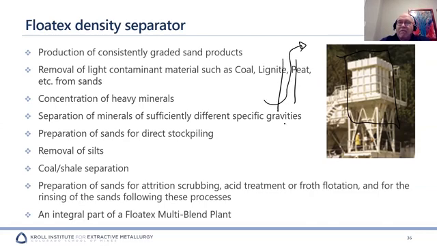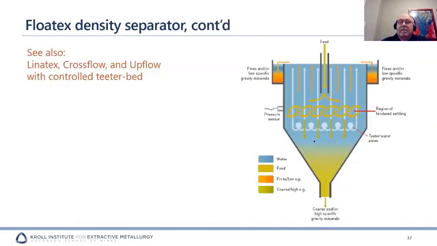If you have upflow at the bottom of a column, the material going over the top is going to be fine, and the material coming out the bottom is going to be coarse. It can be used in getting rid of silts, but it also can be used to prepare feed for a spiral concentration circuit. It's pretty simple the way it works.